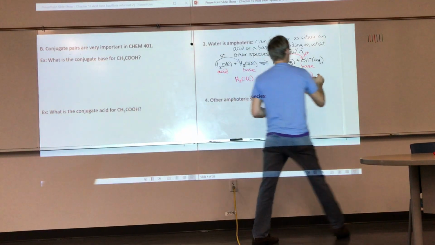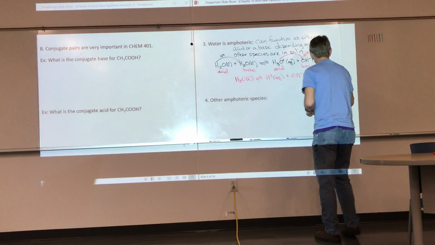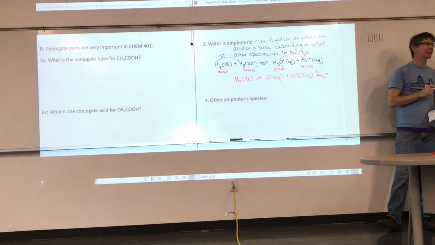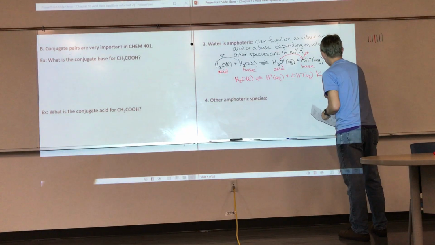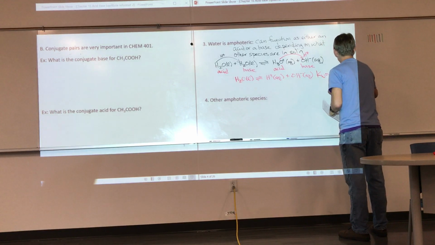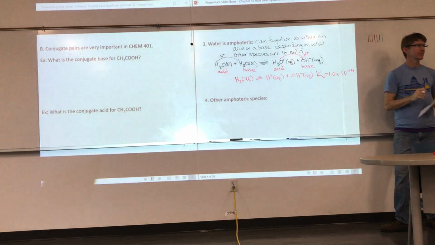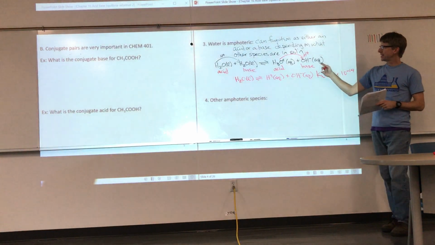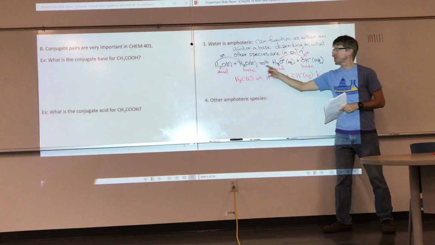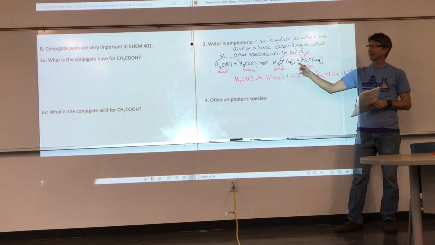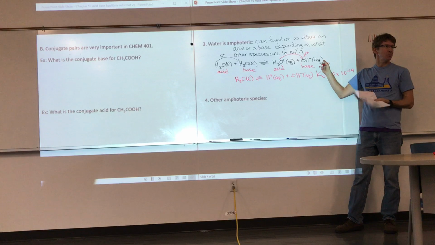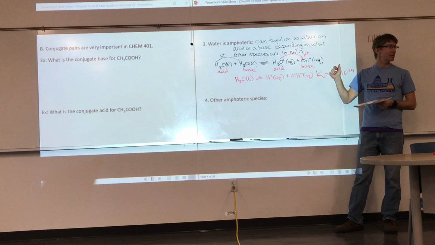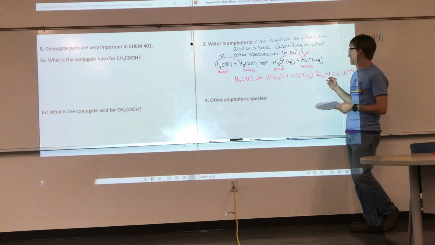We said last semester this was called Kw, and the value was 1.0 times 10 to the minus 14. The only thing we've done now is we've added a water molecule to both sides. This reaction here is equivalent. Kw equals 1.0 times 10 to the minus 14.